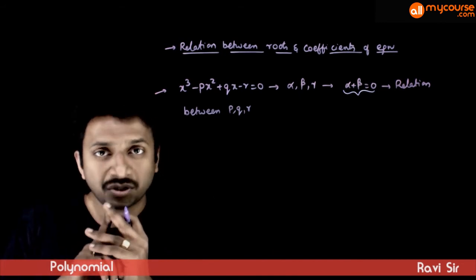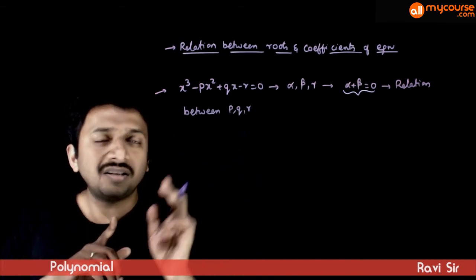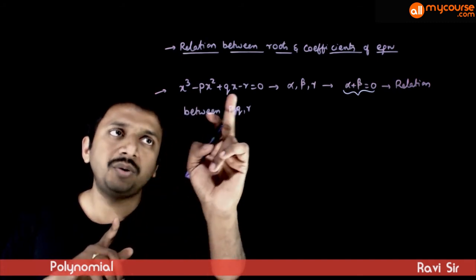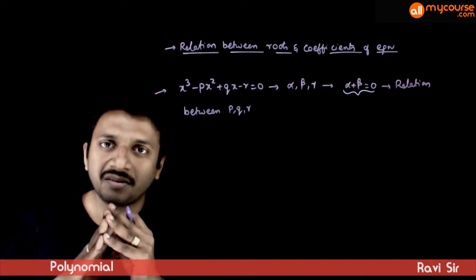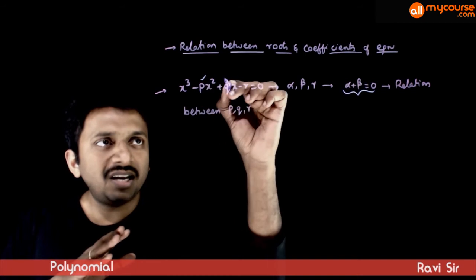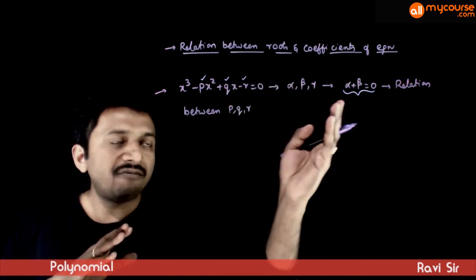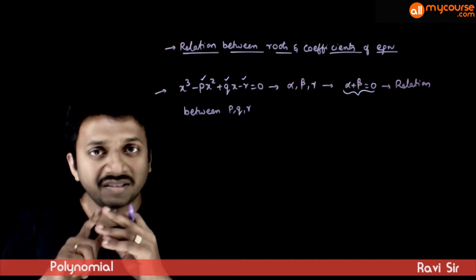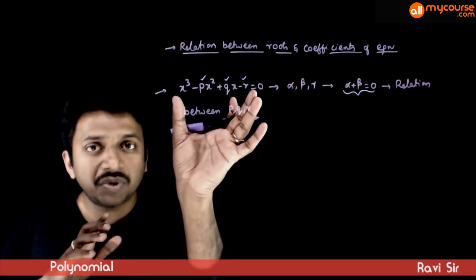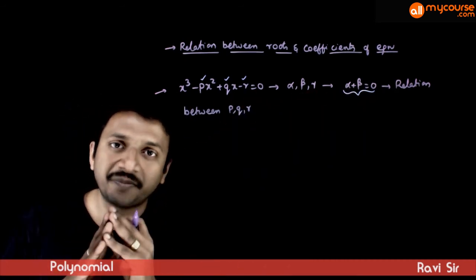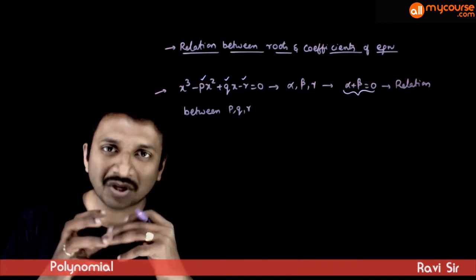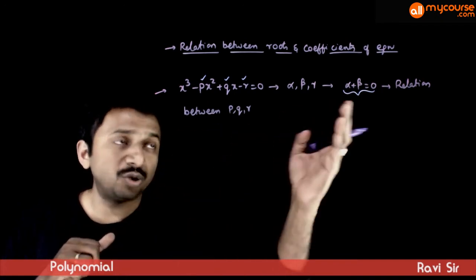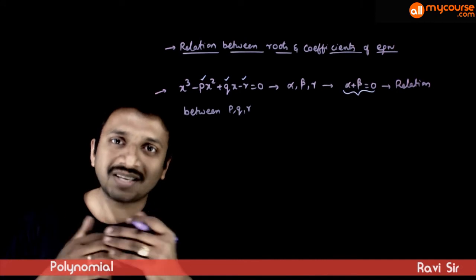If that is so, what is the relation that should be present between p, q, r? So obviously for any three numbers p, q, r, alpha plus beta need not be equal to 0. Now it is given that this equation satisfies this condition. That means there should be some sort of relation between p, q, r for this to be true. What is the condition?